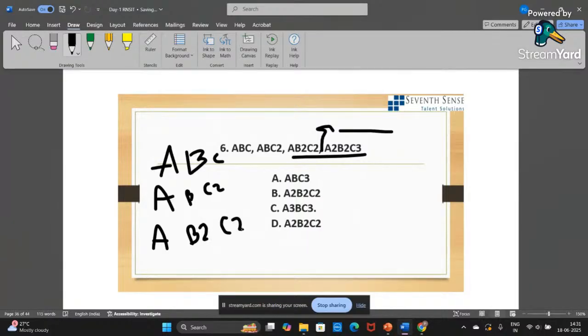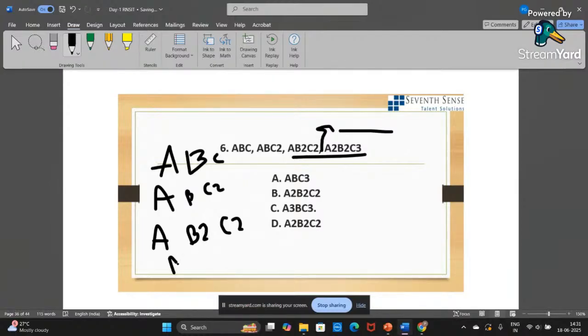So in each step, 2 is added to the alphabets. At first, there is no number with ABC. In the next one, C has 2 with it. After that, B also has 2 with it.